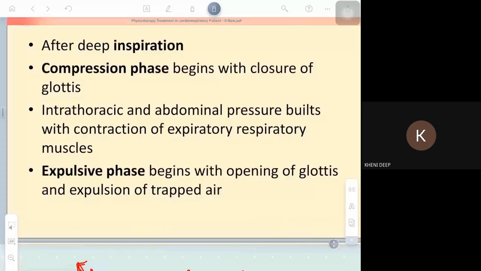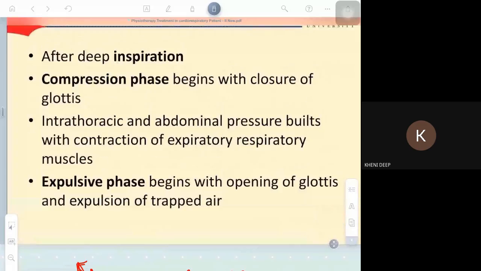Now last, I'll read this slide again. After deep inspiration, compression phase begins with closure of glottis. Intrathoracic and abdominal pressure builds. First abdominal pressure will build up.